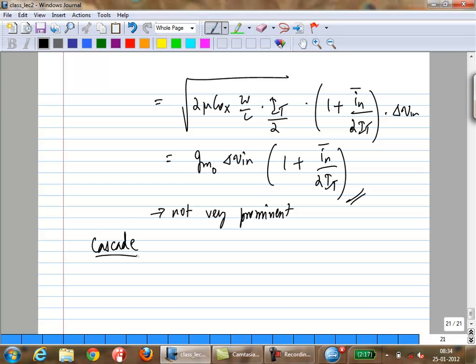Suppose you have a cascade of two amplifiers, right? If you look at the overall input referred noise, which is going to contribute more? Why?